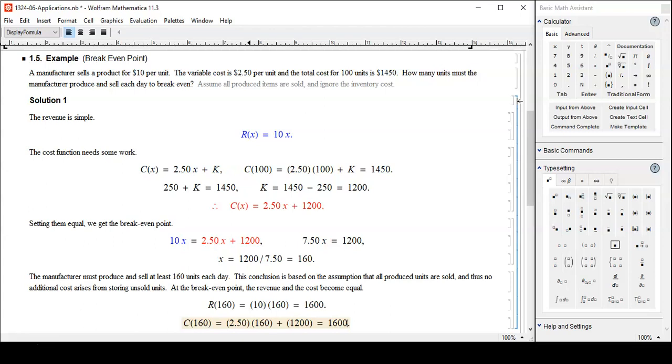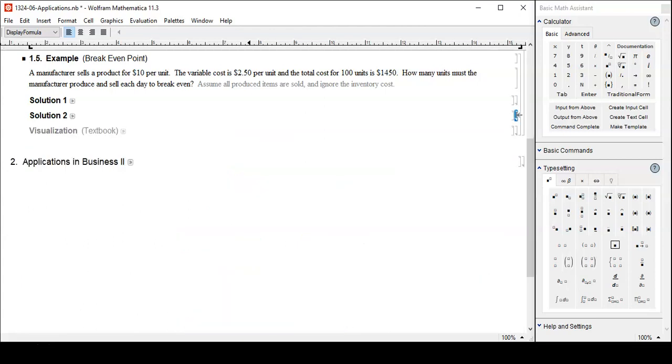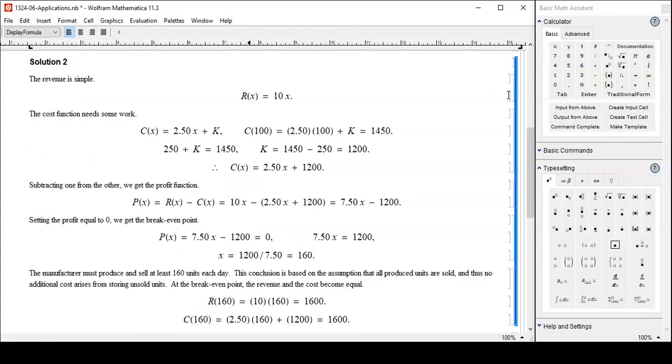Another way to do it is to use r minus c equal to 0. You see, revenue is 10x, and cost, well, the same idea. Variable cost plus fixed cost, and then when x is 100, we have 1450 from here, so for k, we got the cost function. And then what do we do? Revenue minus cost.